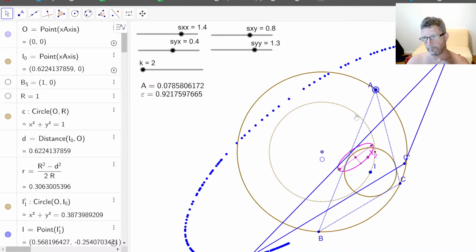So I've created a new Poncelet family, let me say this very simply, which is a projective image of my original ABC under a certain projectivity defined by 4 numbers. And they're here. So imagine these are 4 elements of a particular matrix, and I'm just projecting ABC.